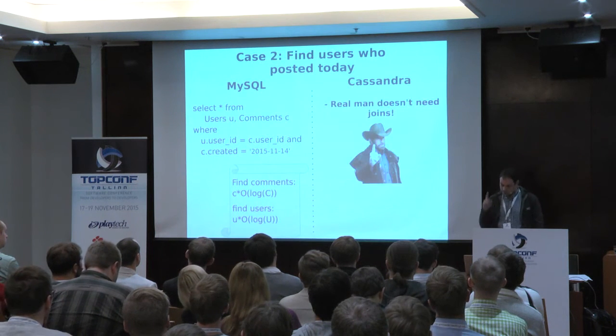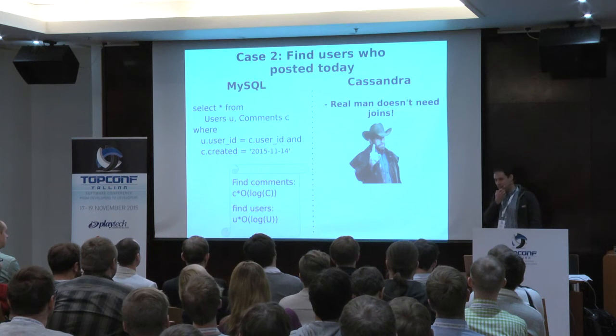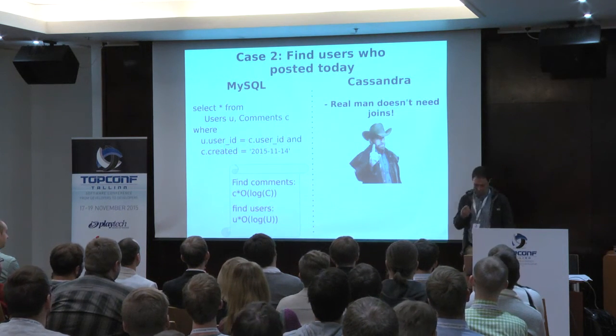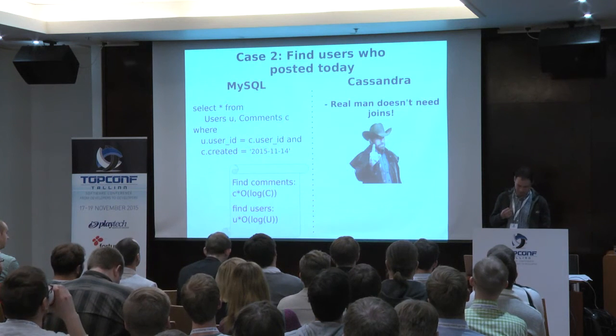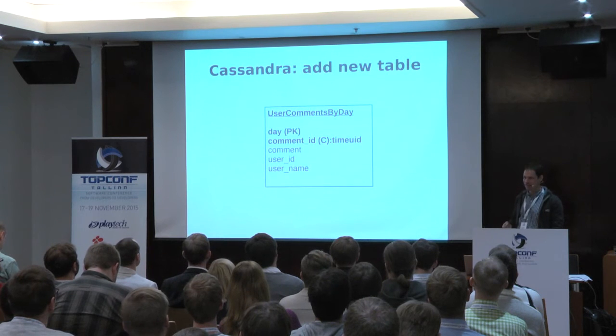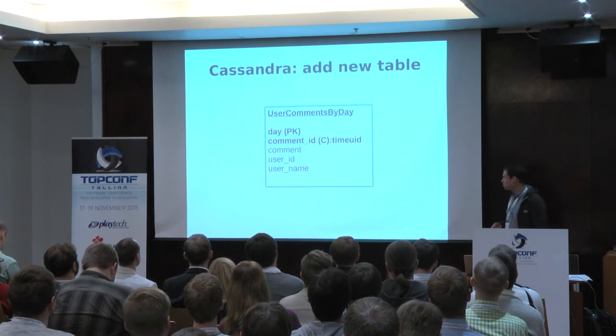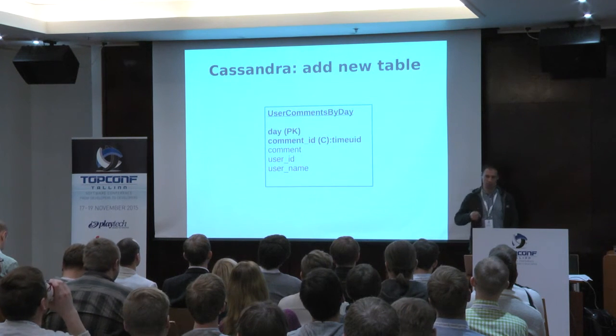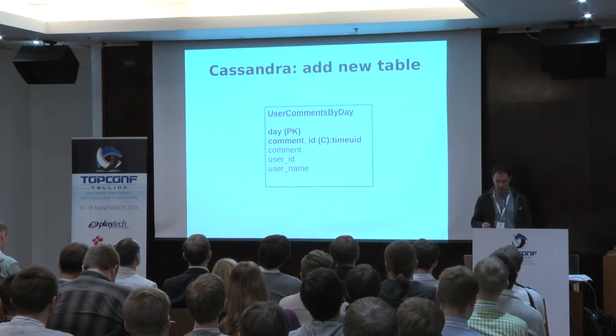But Chuck Norris considers that a real man doesn't need any joins at all. And indeed, Cassandra's way to solve this issue is to introduce data denormalization.